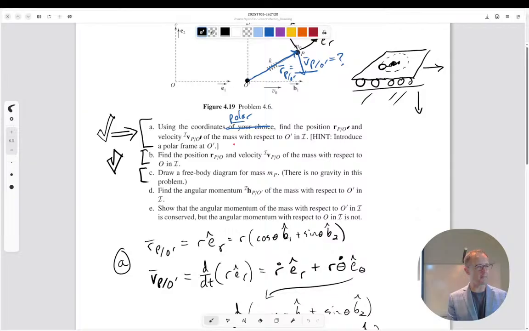Kind of like thermodynamics. You don't know what's going to happen, but you know energy can't change. You can't get free energy. This is similar. You don't know exactly how everything's going to move, but you know that F equals ma, and that's what we're doing here.